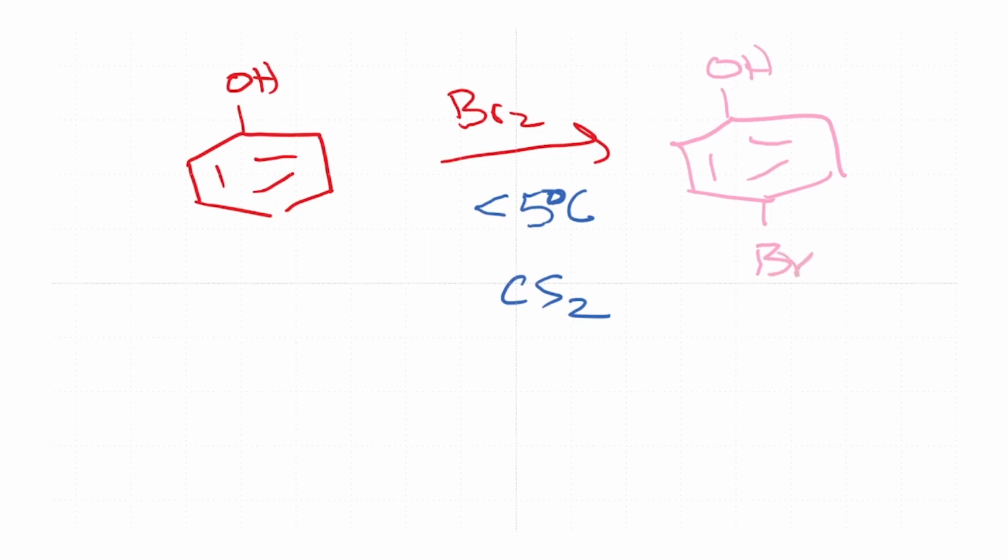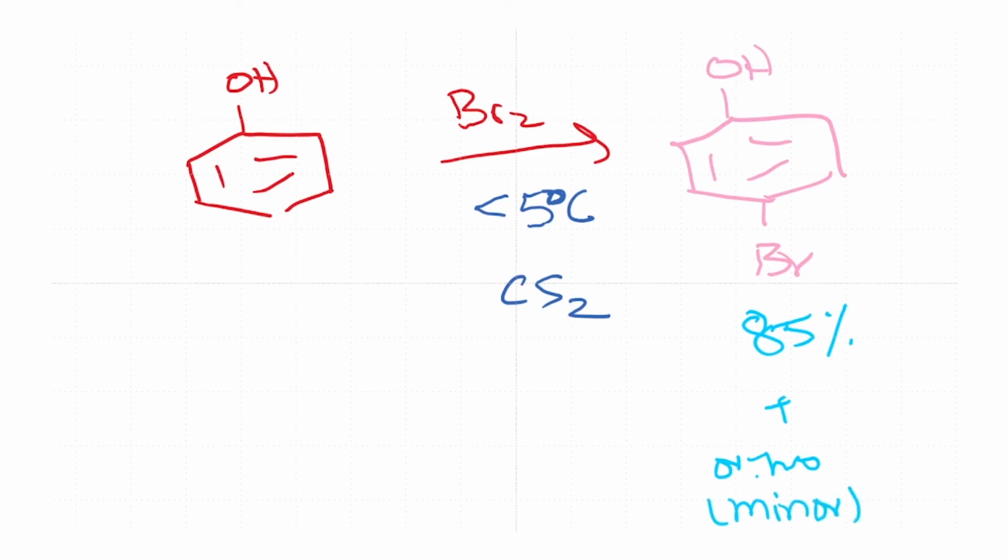So this also tells us that the para substitution is more likely to be the first reaction that happens, because at low temperature it gives this as the major product. You also get the ortho product, but it's minor.